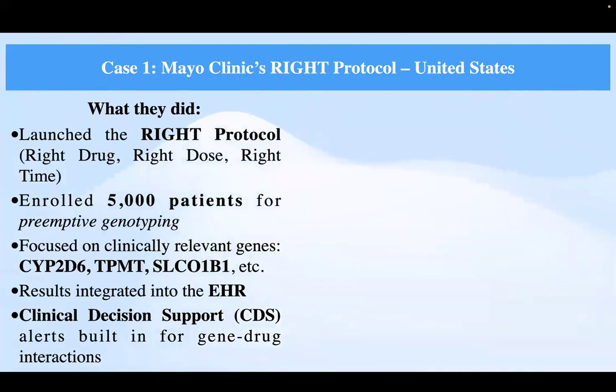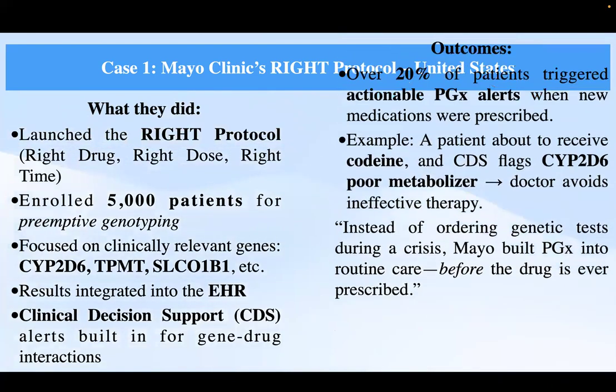It is responsible for transport from your gut to the liver, right? If you have a variation in this, it may lead to categories like poor metabolizer, maybe. So focus on clinically relevant genes like these. Results are integrated into the electronic health records, and clinical decision support alerts are built in for gene-drug interactions. That is what they have practiced.